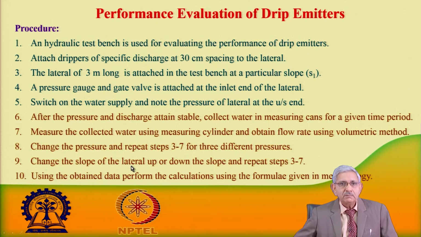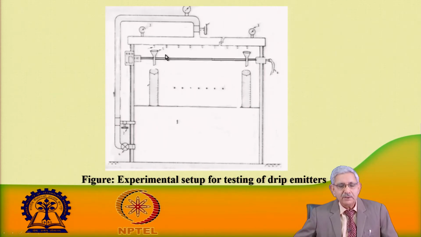So, for a given slope the observation is taken, then we will change the slope and then take the discharge values. Discharge value is calculated by taking the volume of water for a given time. So, discharge is calculated.